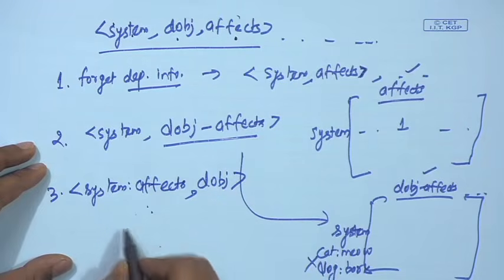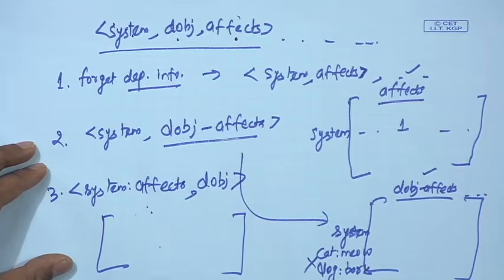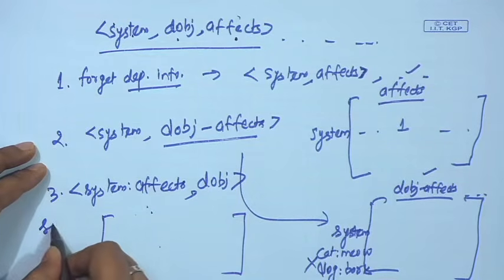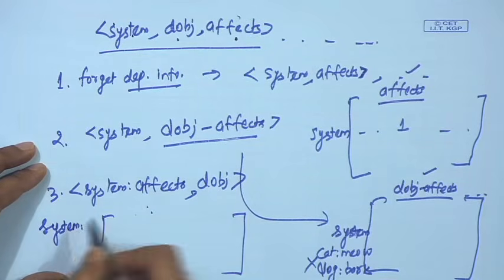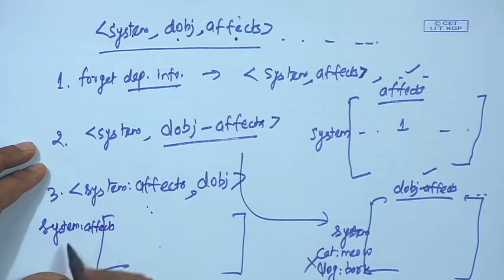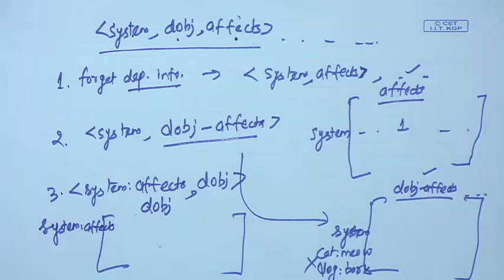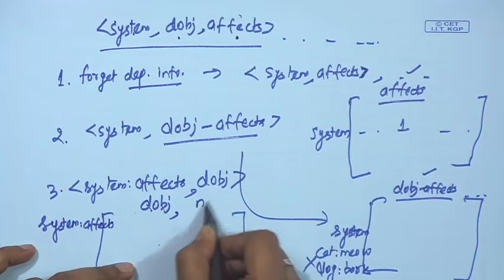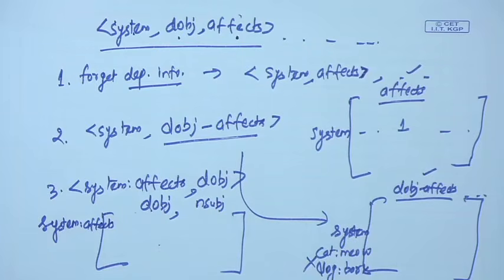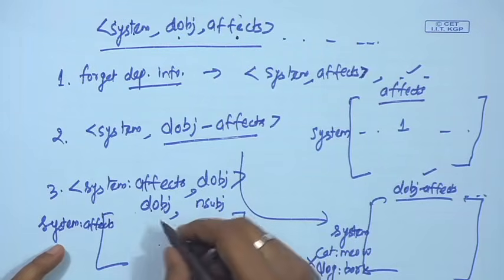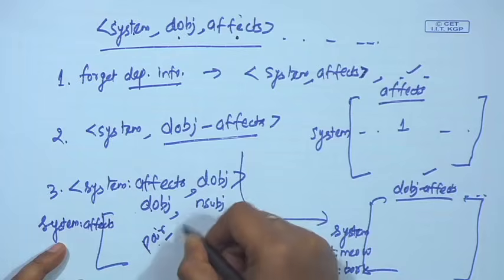Now I can talk about my pair-pattern matrix. So I have system and affects, these are my pairs, and patterns right now are only direct dependency relations, like direct object and subject, and so on. This is the general framework, pair-pattern.